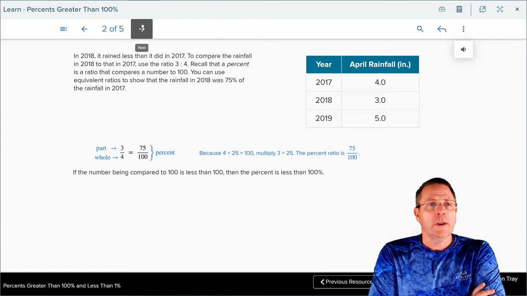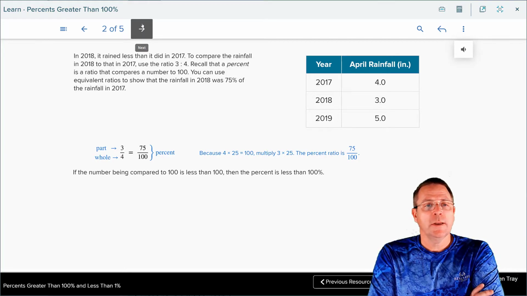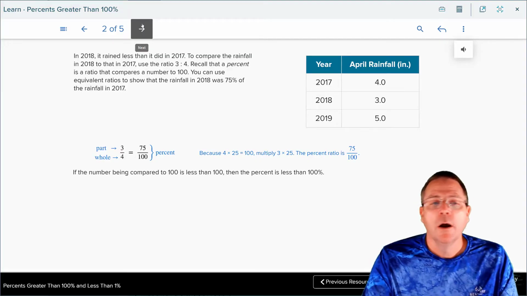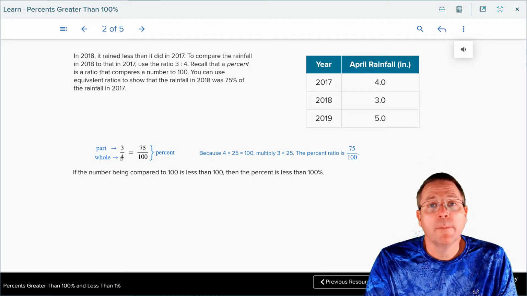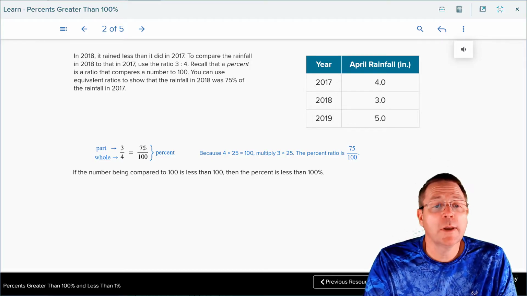To compare the rainfall from 2018 to 2017, you would use a ratio of 3 to 4 because you had 3 inches in 18, 4 inches in 17. You could set that up as a part to a whole, which when you compared it to 100%, you would have 75% of the rain fell in 2018 when compared to the rain that fell in 2017.